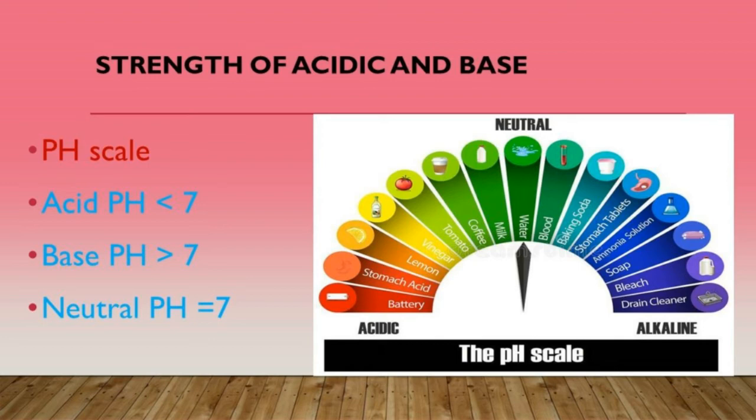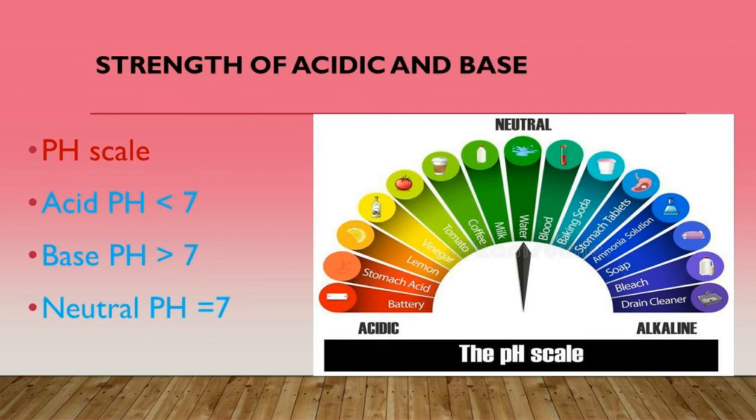The scale used for measuring the hydrogen ion concentration of a solution is called the pH scale. pH stands for potenz in German, that means power. The pH scale is a set of numbers from 0 to 14, which indicates whether the solution is acidic or basic.